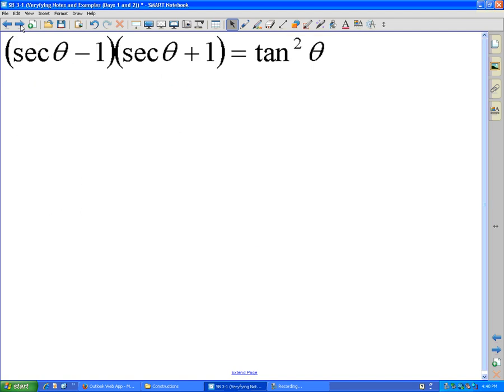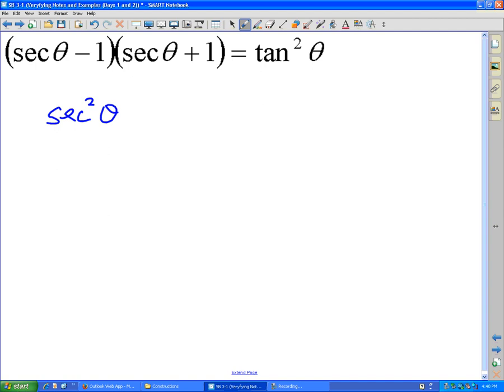Our next one is a binomial times a binomial, so we're going to have to do a little FOIL here. We're going to multiply secant by secant, that's going to be secant squared. Now remember, these are conjugates of each other: secant minus 1, secant plus 1.